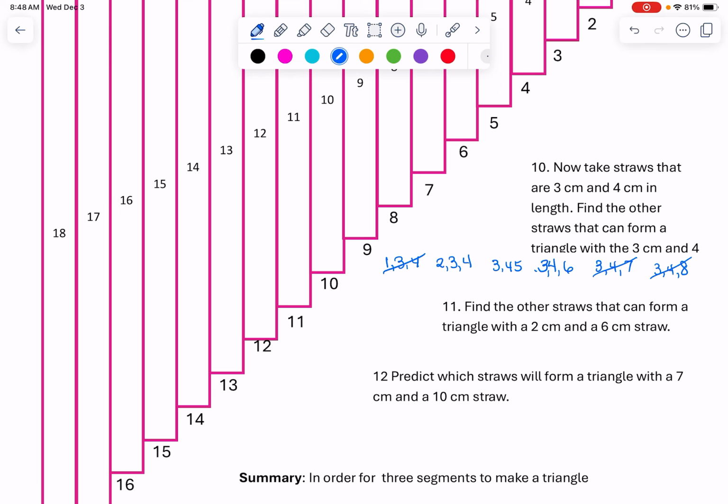The other straws that could form a triangle with 2 and 6: well, 2 and 1 did not make 6. 2 and 3 did not work with 6. But 2 and 4 also did not work with 6. 2 and 5 did, though. 2, 7, and 6 worked.